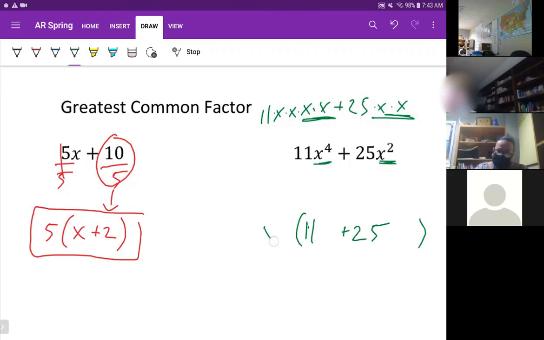So we set that over here. You can take out that x squared, and then here you're left with 2 x's. So this will be x squared, and then the 25, we took all of its x's away. So this is what you're left with: x squared, 11x squared plus 25.